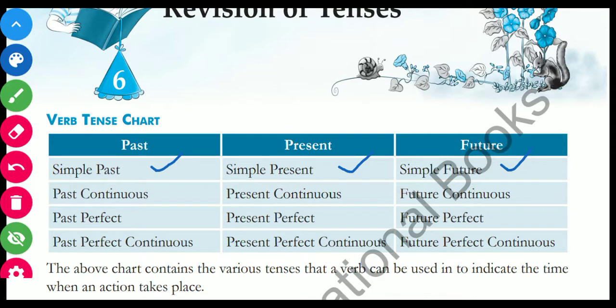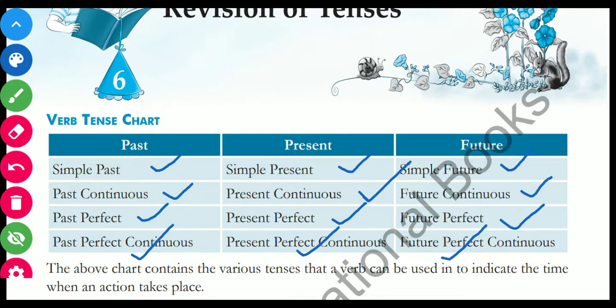That is past tense, present tense and future tense. Then comes past continuous, present continuous and future continuous. Next is past perfect, present perfect, future perfect. Next, past perfect continuous, present perfect continuous and future perfect continuous.